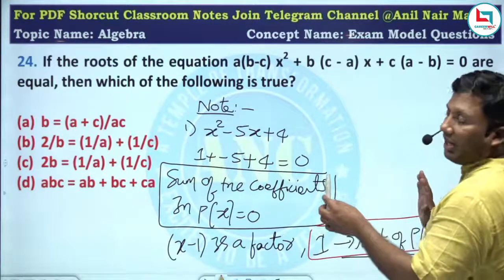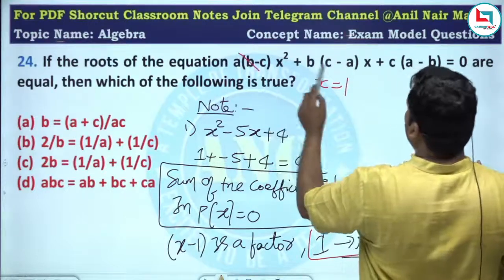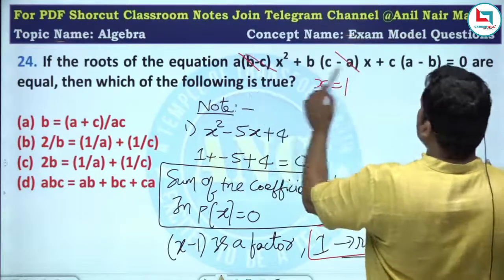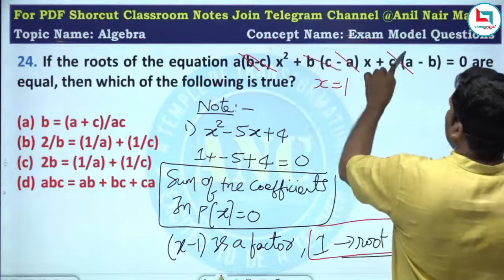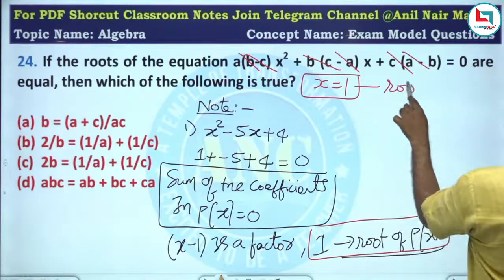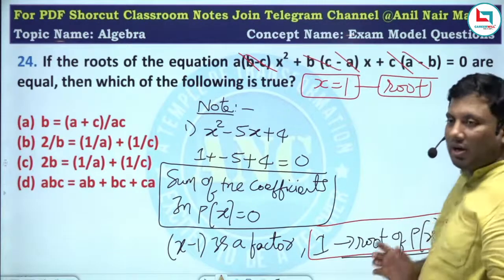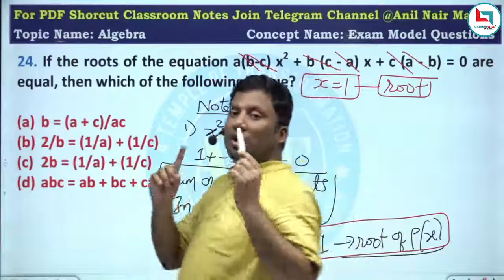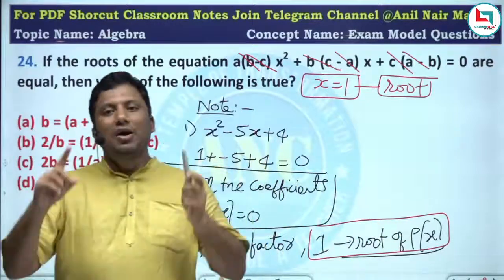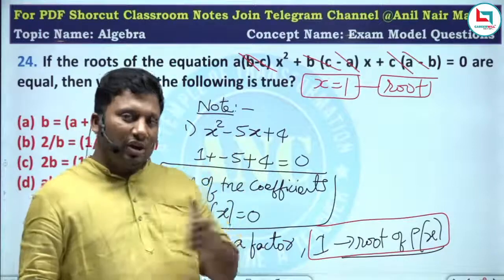Now the reason why I said this is, if I substitute x equivalent to 1, AB minus AB, minus AC plus AC, plus BC minus BC, x equivalent to 1 is a root of this equation. It also holds good not only for quadratic equations, but for cubic equations, fourth degree equations, polynomial equations, all the time.